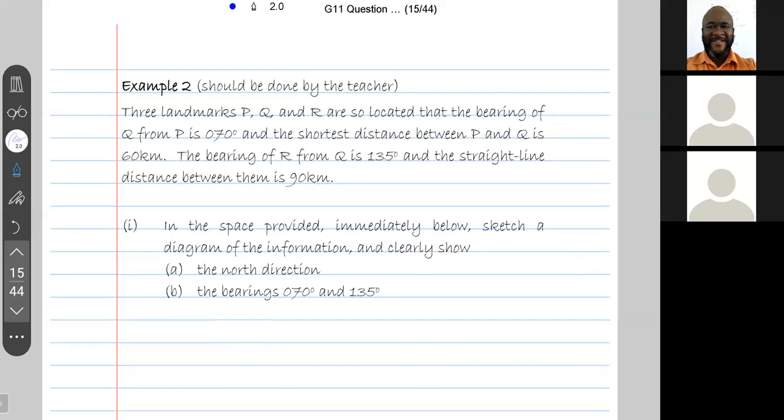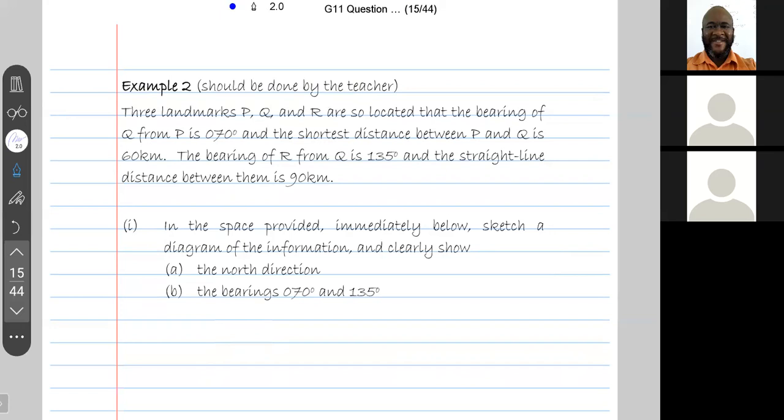It says in the space provided immediately below, sketch a diagram of the information and clearly show the north direction, the bearings 70 degrees and 135 degrees. And I'm guessing we should put in the lengths of the sides as well.